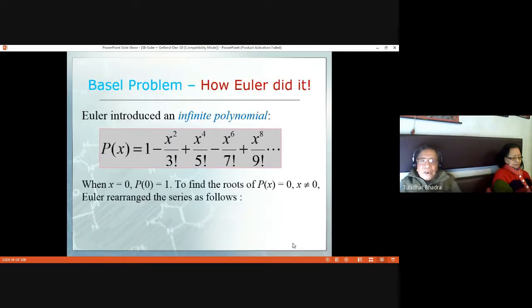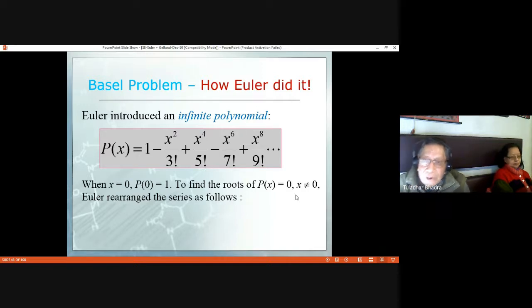Euler introduced an infinite polynomial. So without directly finding the solution, what Euler did was introduce an infinite polynomial, P(x) equal to 1 minus x squared by 3 factorial plus x to the 4 by 5 factorial, and so on. So you see, you have 2 here, 3 factorial, then 4, 4 plus 1 factorial, 6 plus 1 factorial.